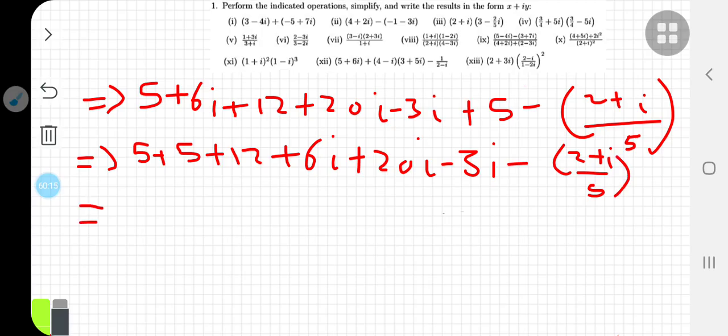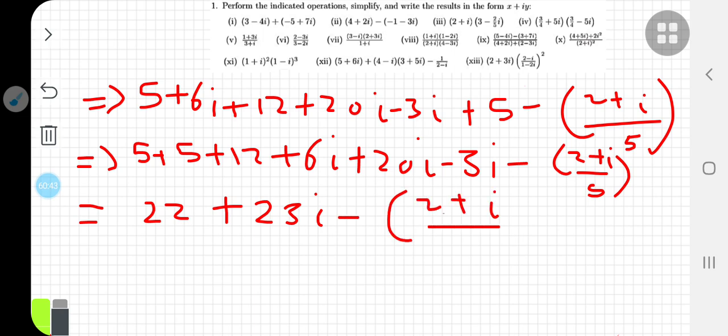So here I'm going to have 5 plus 5, that is 10, plus 12, that gives me 22, plus 6i minus 3i, then plus 20i, that gives me 23i, then minus 2 plus i over 5. From here, now I can take this out.